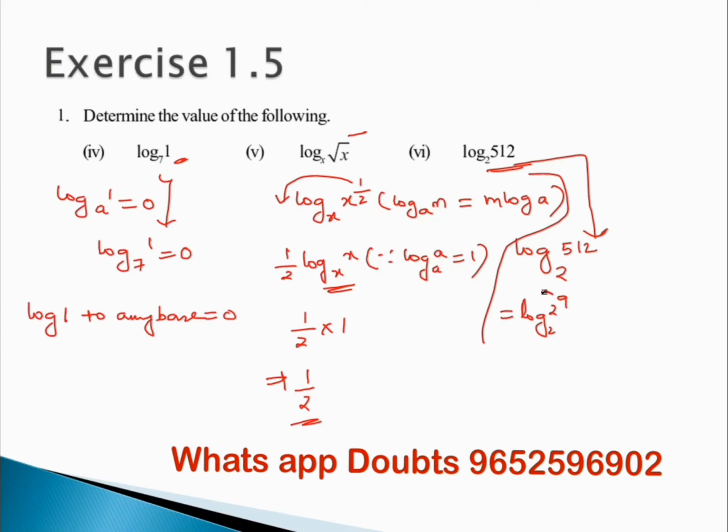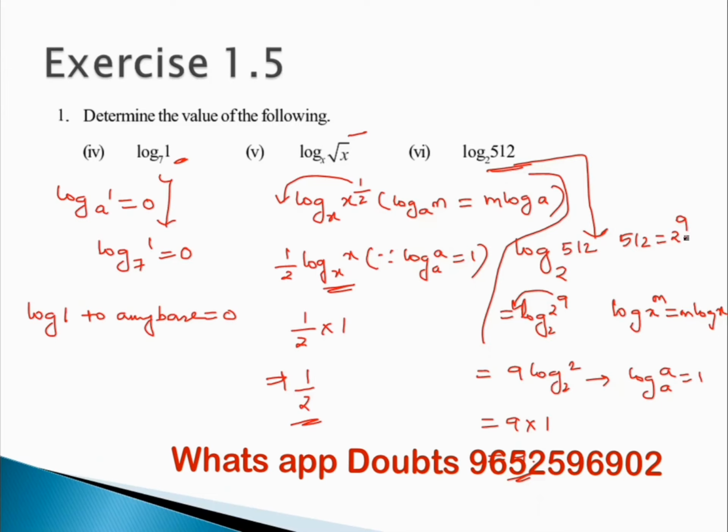Now this 9 can be shifted here using the formula, 9 of log 2 of 2 to the 9 only. We have used here the formula log of x to the power n. Okay, I hope I am clear. And 512 can also be written as 2 to the power of 9, right?